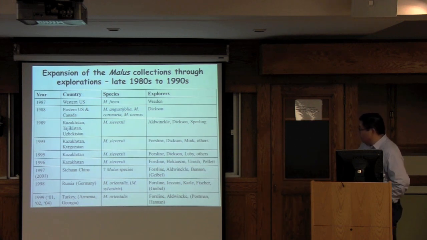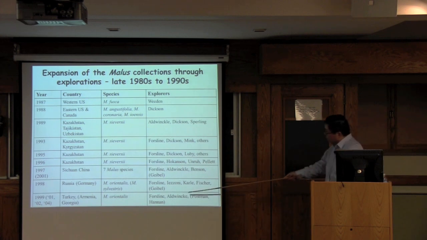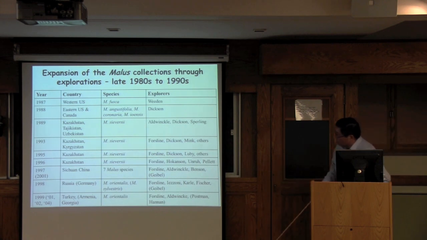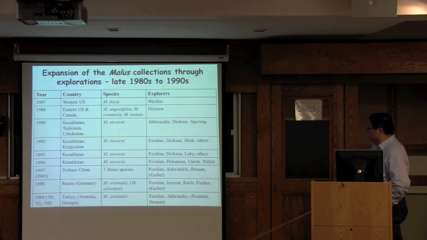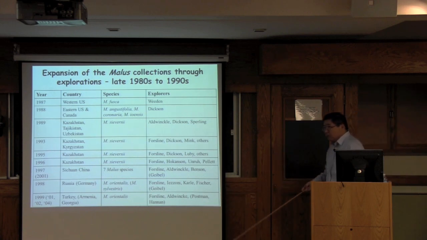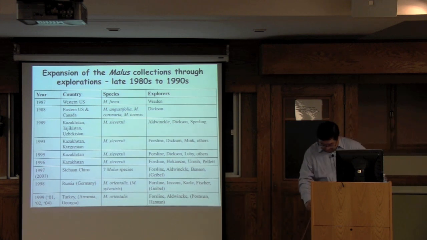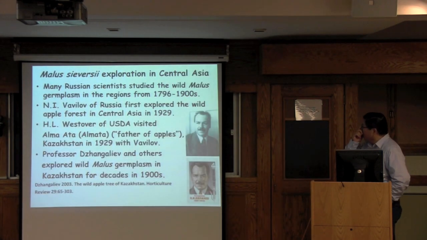In 1999, Professor Aldwinckle, together with Phil Forsline, went to Turkey to collect Malus orientalis. Later, in 2001 and later, Joseph Postman from the Corvallis repository went to Armenia and Georgia and collected a lot of different species, including Malus orientalis again.